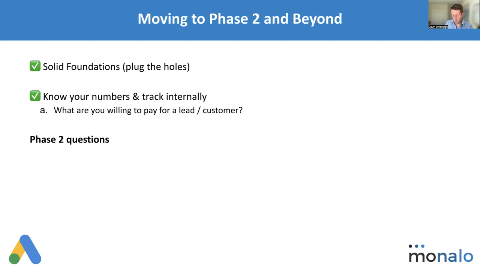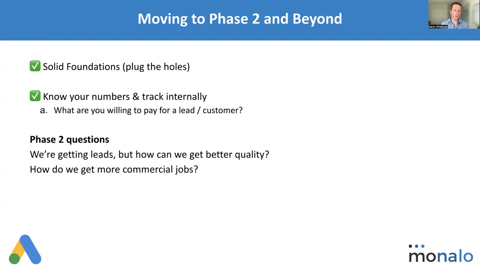What happens at this next phase, once we've got a good base, is that clients, for me anyway, start asking the harder questions. Like, we're getting leads, but can we improve the quality of these leads? How do we get more commercial jobs instead of residential jobs? That seems to be a really popular one.